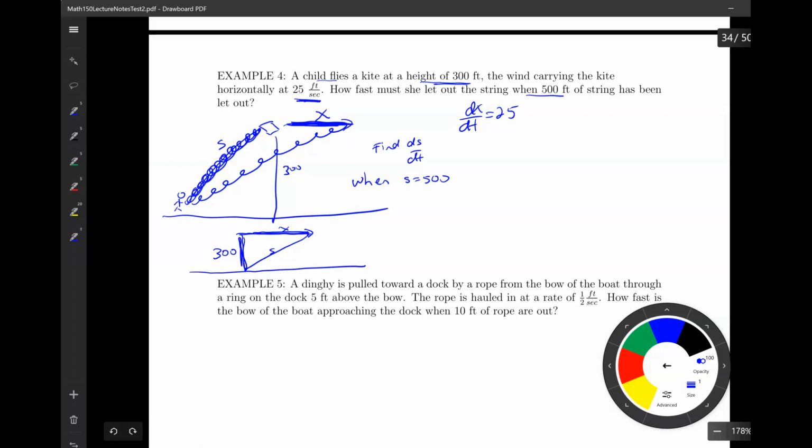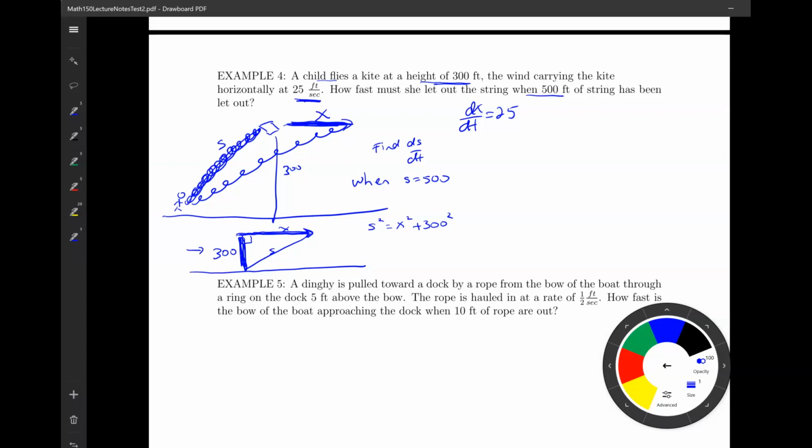So this fixed distance of 300, one fixed number in the picture, this x as the kite is moving out, and this string here. So I see Pythagorean theorem again. So s squared is equal to x squared plus 300 squared. So I have all four pieces of the puzzle that I need.